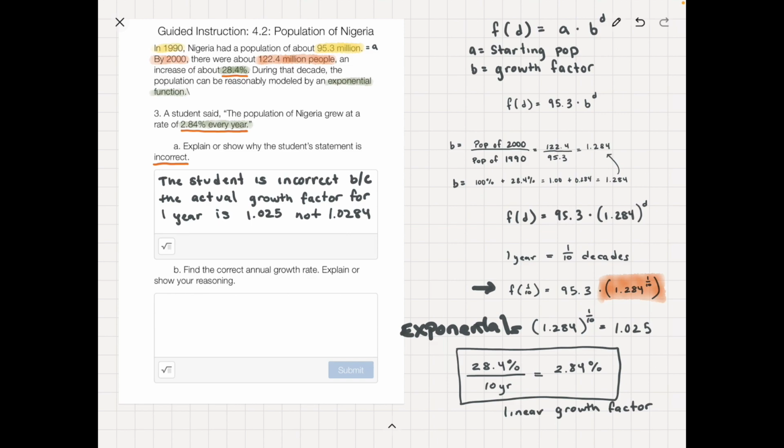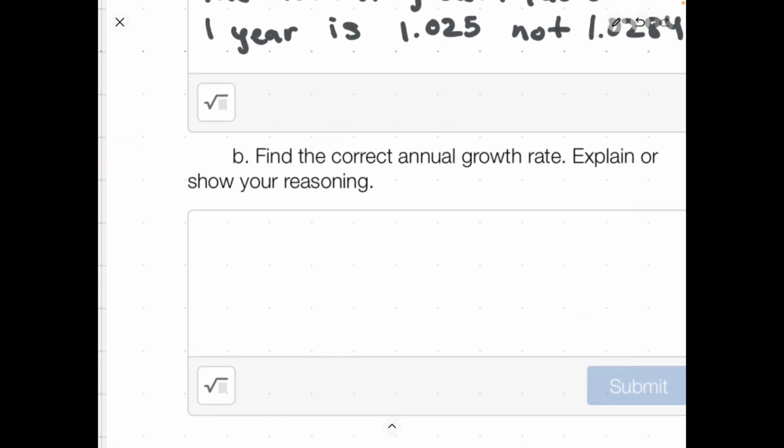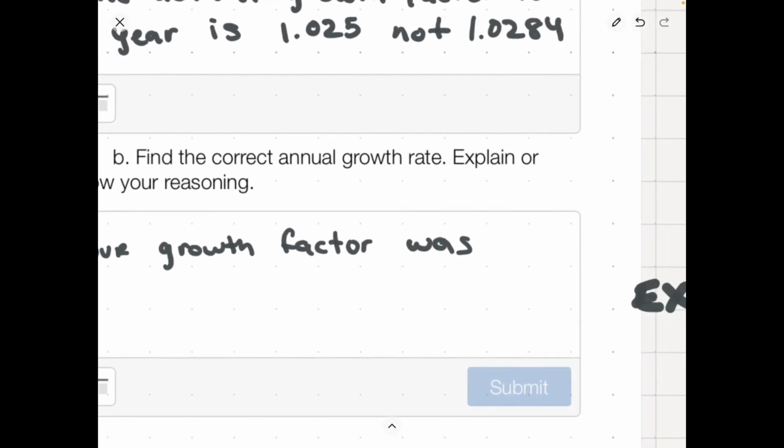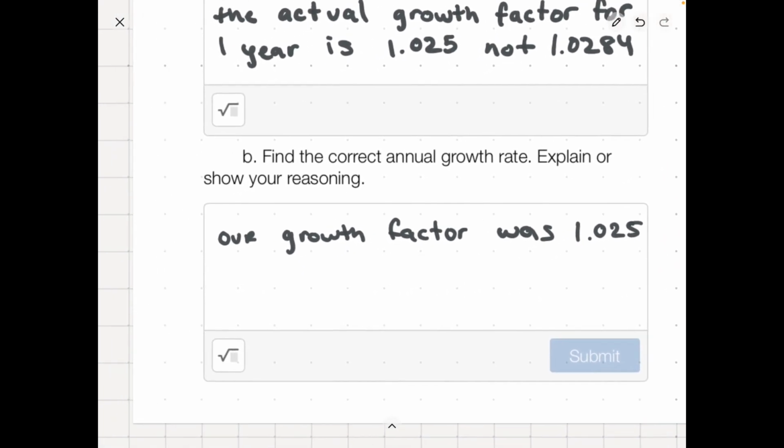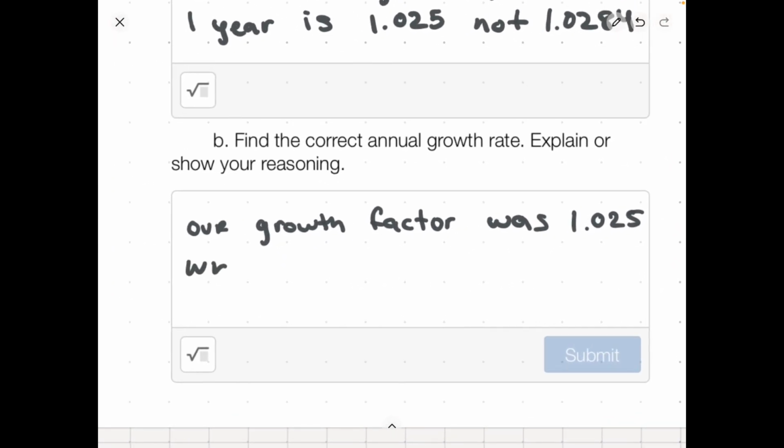And so let's pull it up. We had our growth factor, which was 1.025, which represents a growth rate.